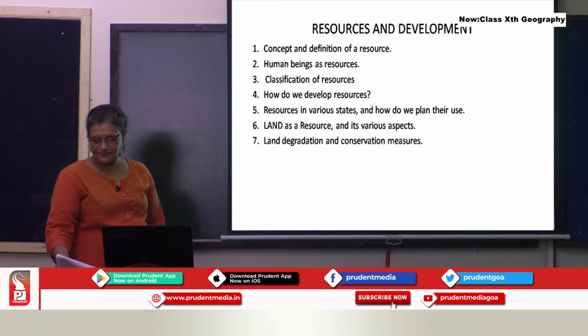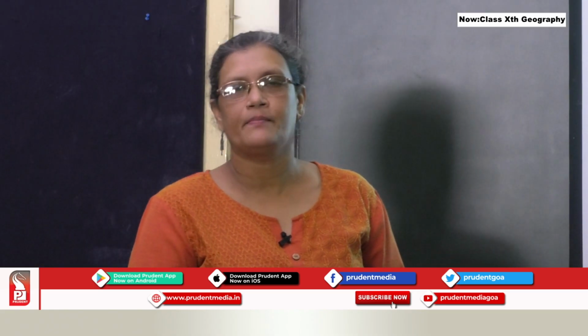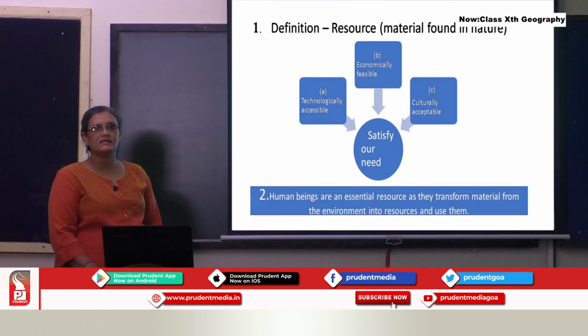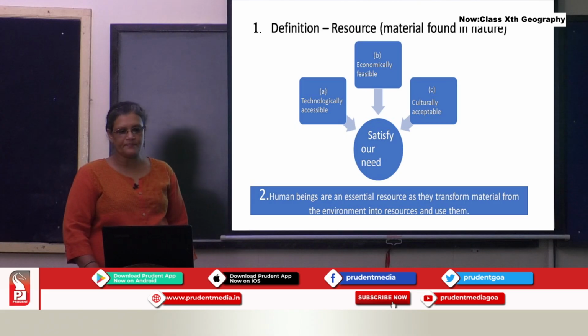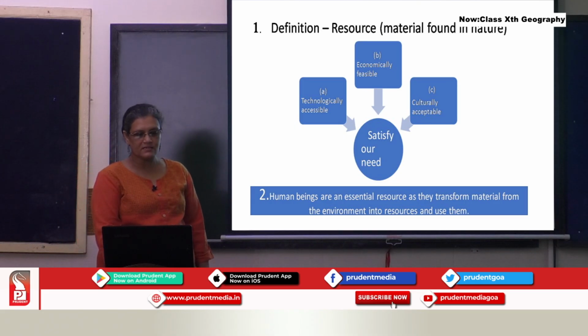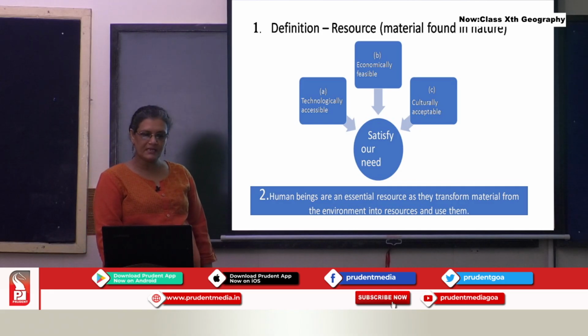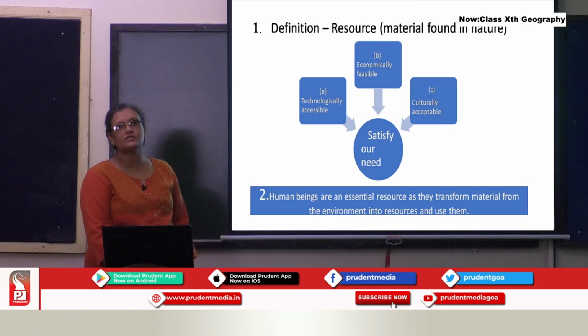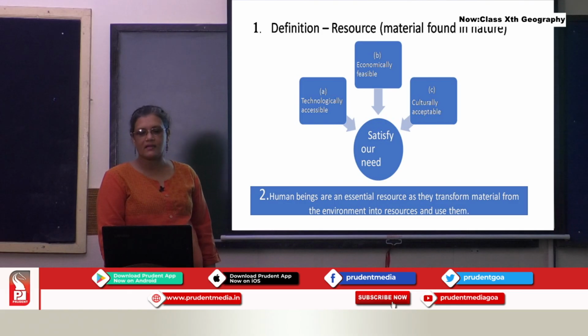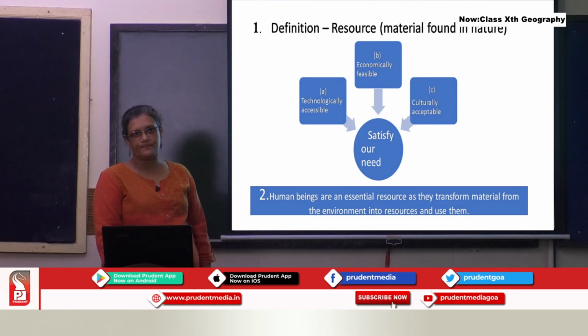Let us begin. We first need to study about the definition of resources. A resource is a material which is found in nature and it is used to satisfy our need. It is like a 3-legged stool, with 3 very important legs, which means that it should first be technologically accessible, economically feasible, and culturally acceptable.